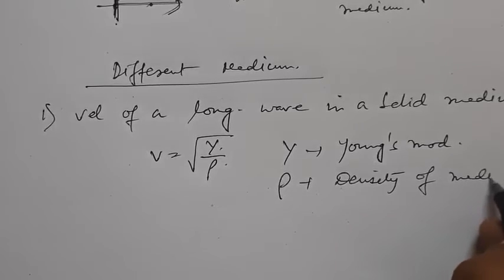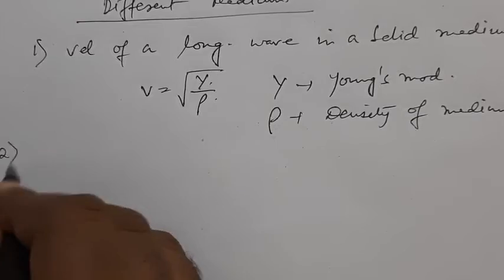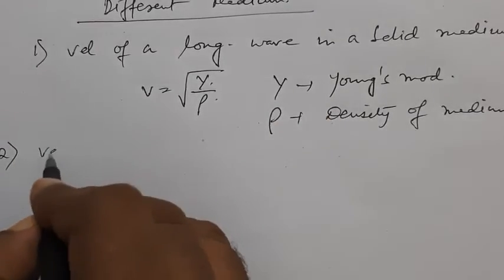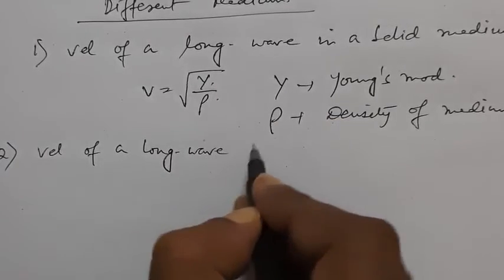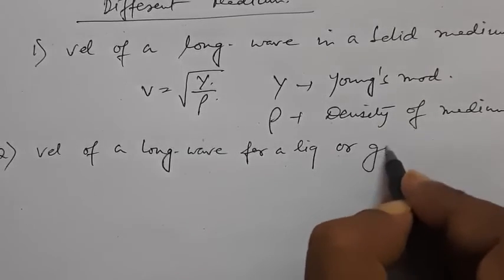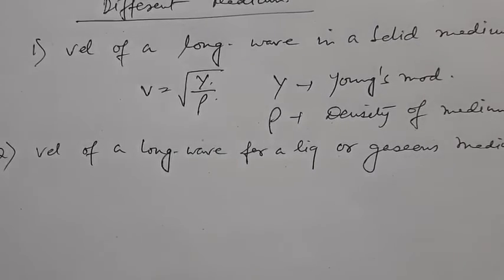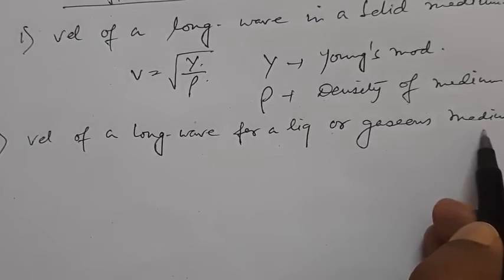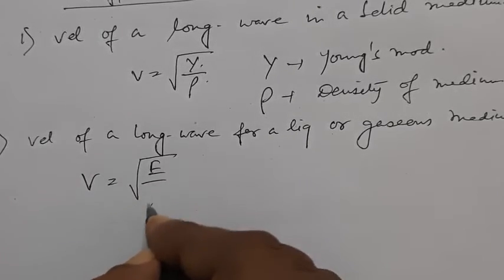Now if we take another formula, velocity of a longitudinal wave, same thing but for a liquid or gaseous medium, we can write V is equal to square root of E by rho.